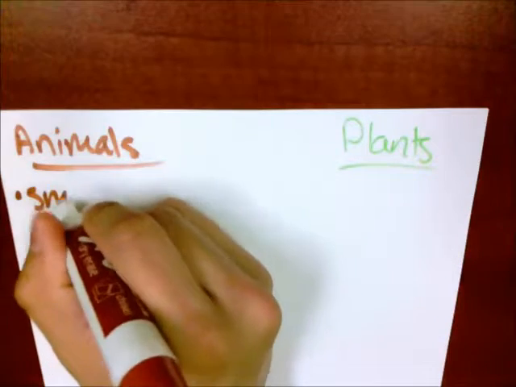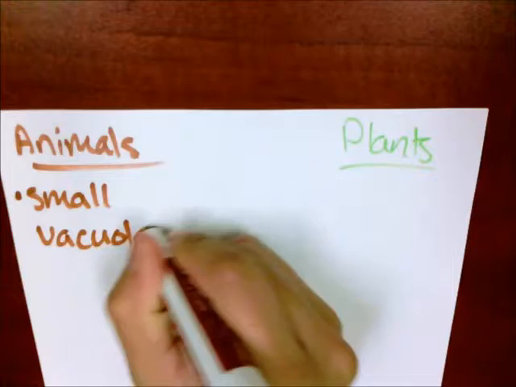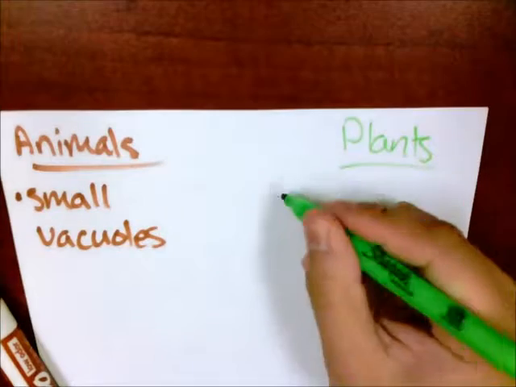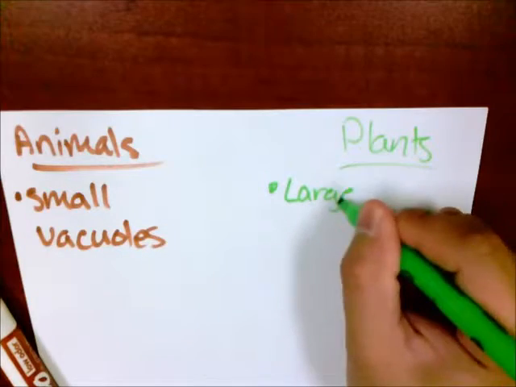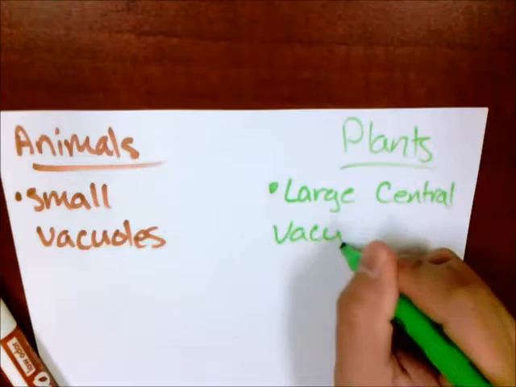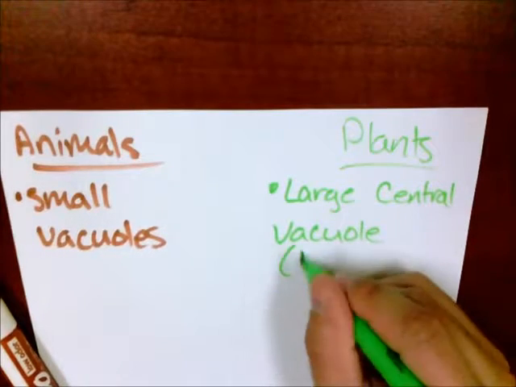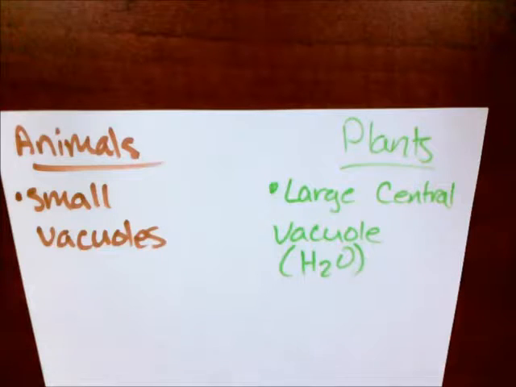So that is the first part. We talked about this earlier, so I want to get it out of the way now. Small vacuoles. But in plants, you're going to see these words normally together. It's going to say large, central vacuole. And remember, all this is in charge of is storing water. So this is storing water. Okay, that's its main job.